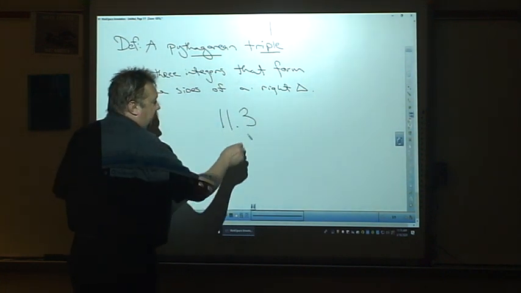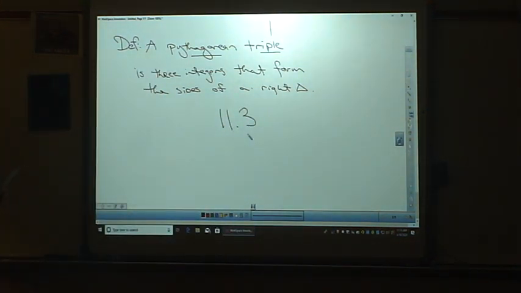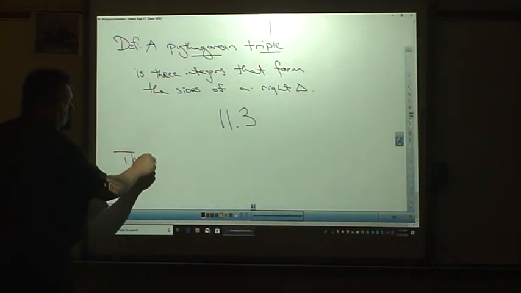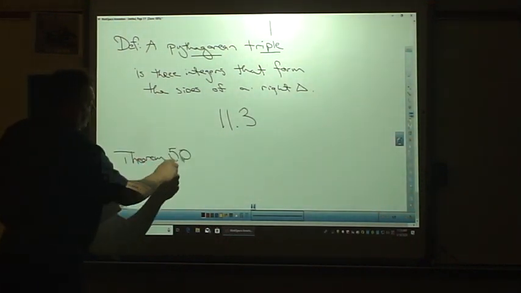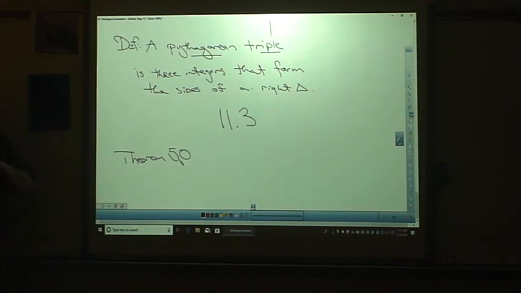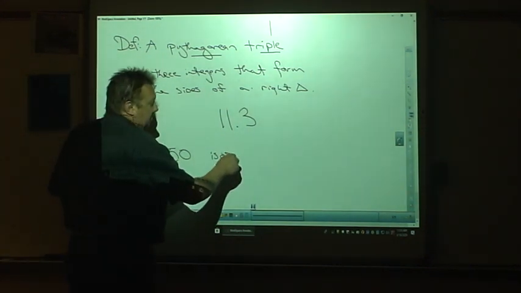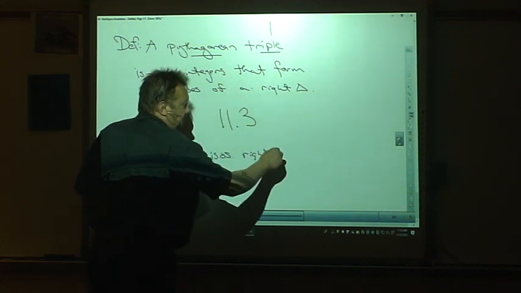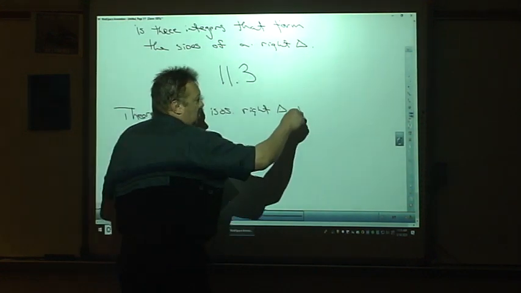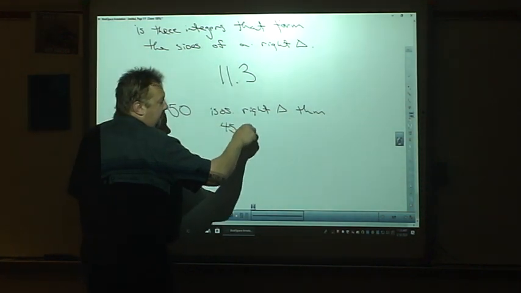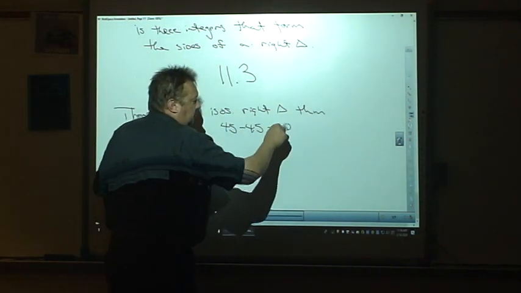This takes us to just section 11.3, and we'll start with theorem 50. Theorem 50 is a shortcut for using right triangles, and it makes things a little bit simpler. And it's also called the isosceles right triangle theorem, or even sometimes 45-45-90 triangle theorem.